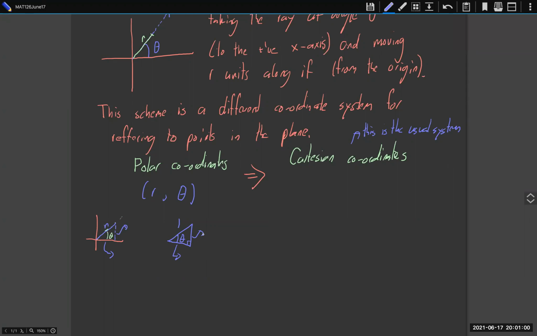Tan. Well, tan is the ratio of these two sides. But the height, it's not tan, it's sine. Yes, sine theta. And this is cosine theta. So if my hypotenuse is length r, then what is the height?